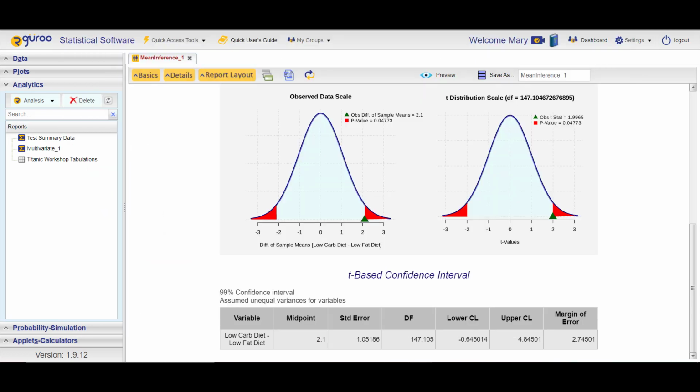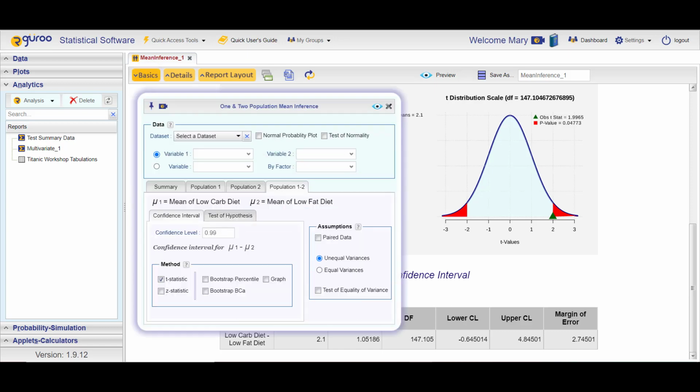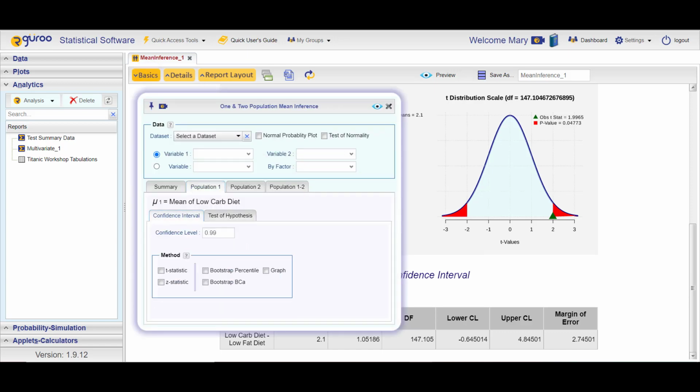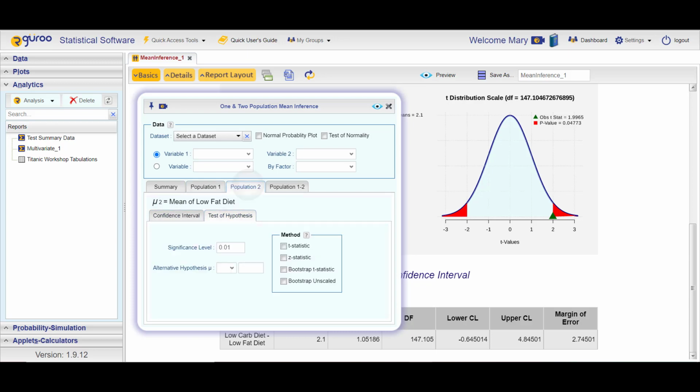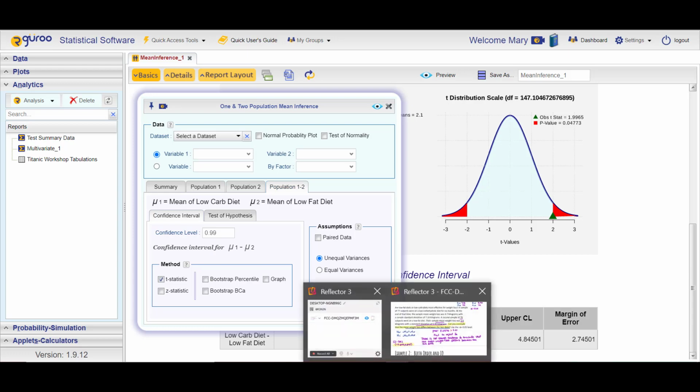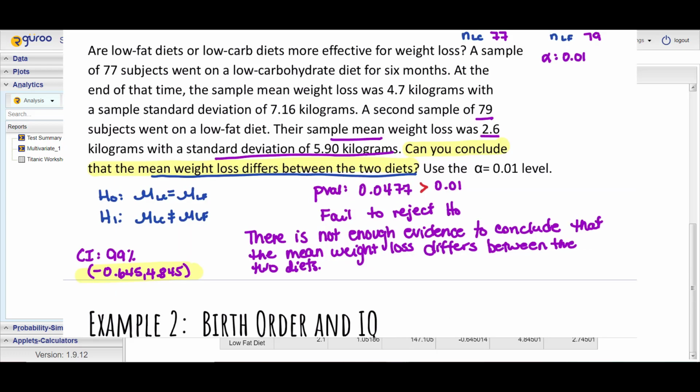If you wanted to, you could go back to each of those populations and do an individual confidence interval for the first population and the second population and estimate both fairly quickly. But you can also do a difference in the two population parameters. Okay, so that's what is actually found here.